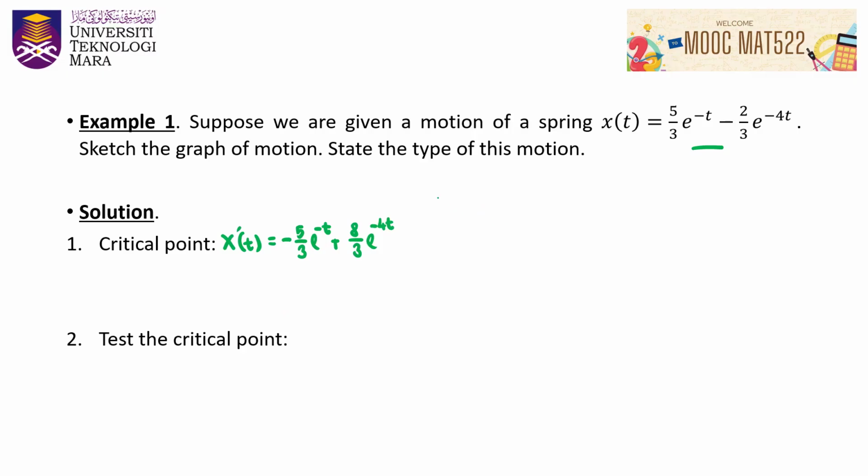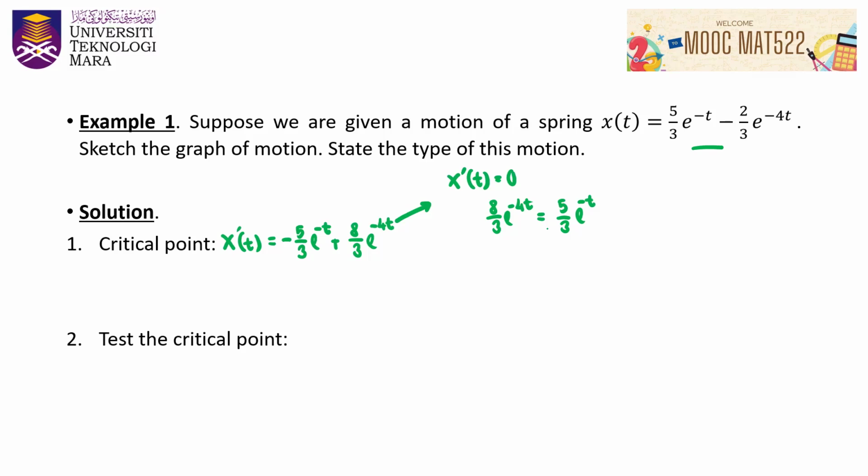Now, the critical point requires us to equate x prime t equals 0. Hence, we have 8/3 exponent negative 4t equals 5/3 exponent negative t.